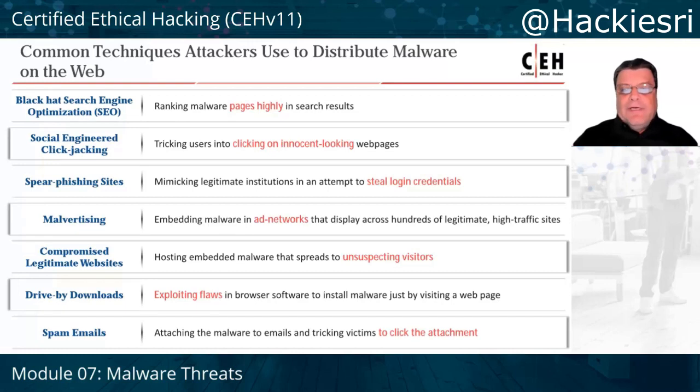Malvertising, embedding malware in ad networks that display across hundreds of legitimate high traffic sites. Compromised legitimate websites, hosting embedded malware that spreads to unsuspecting visitors. Drive-by downloads, exposing flaws in browsers and software to install malware just by visiting a web page. And spam emails, attaching the malware to emails and tricking victims to click on that attachment.